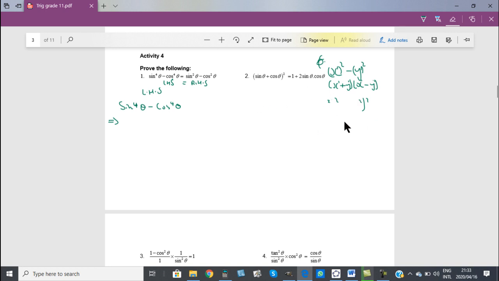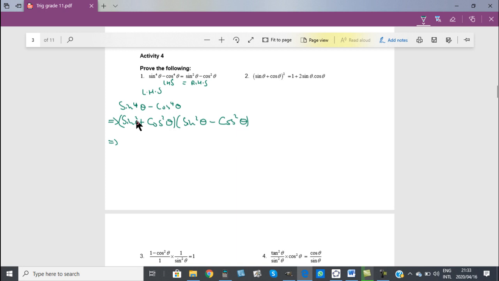So we factorize sine to the 4 theta minus cos to the 4 theta as sine squared theta plus cos squared theta times sine squared theta minus cos squared theta.